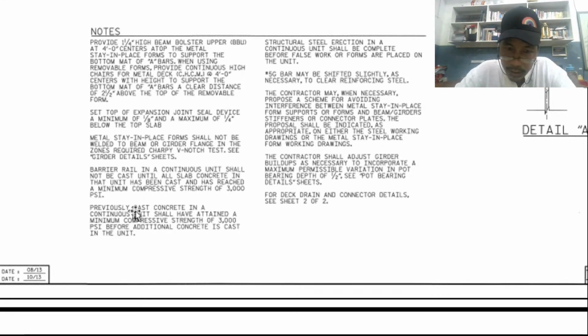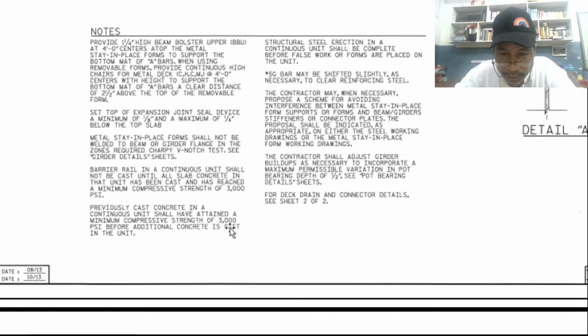But that is impossible. There are times that we stop and then resume another time. So the unit shall have attained a minimum compressive strength of 3,000 before additional concrete is cast in the unit.